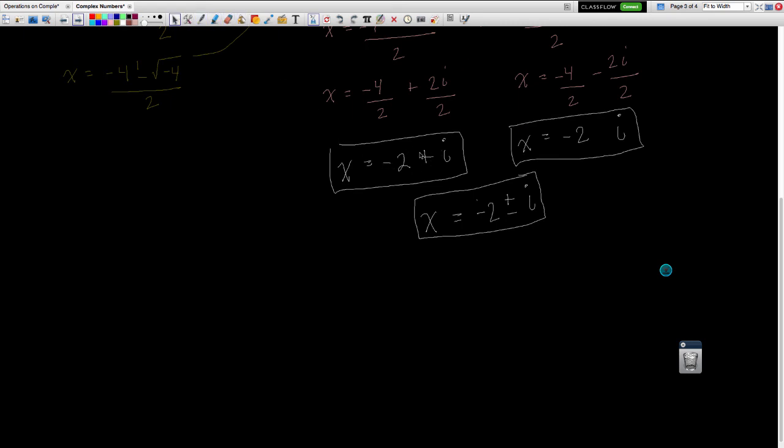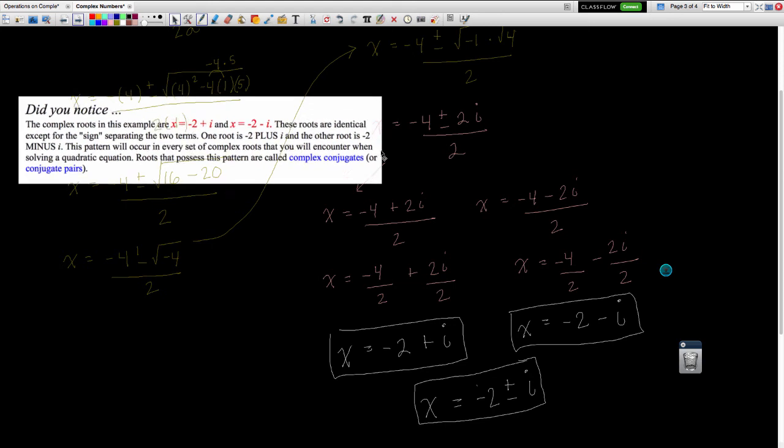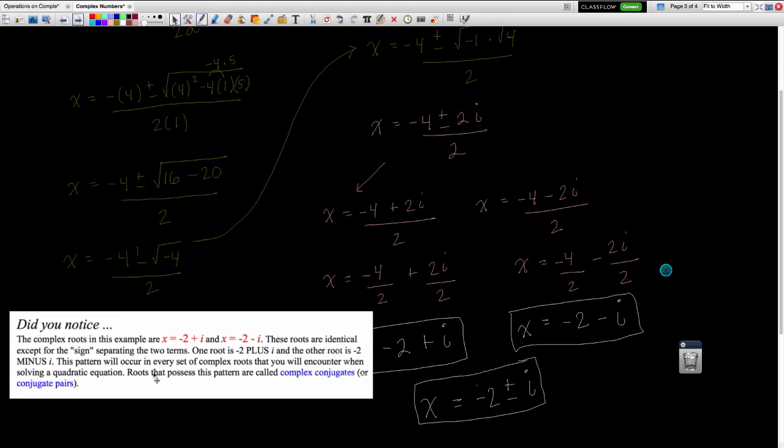We've got negative 2 plus i and negative 2 minus i. They are opposites. So the complex roots in this example are x equals negative 2 plus i and x equals negative 2 minus i. Go ahead and read through this little paragraph.